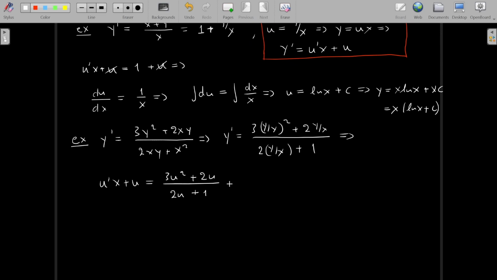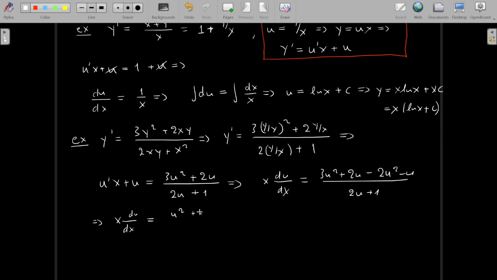And now if we do a little math, we get that x du/dx is going to be (3u squared plus 2u) minus (2u squared plus u) over 2u plus 1, so x du/dx is equal to (u squared plus u) over (2u plus 1).